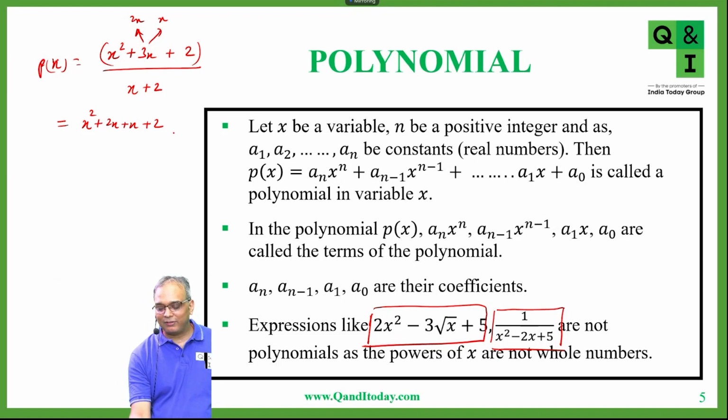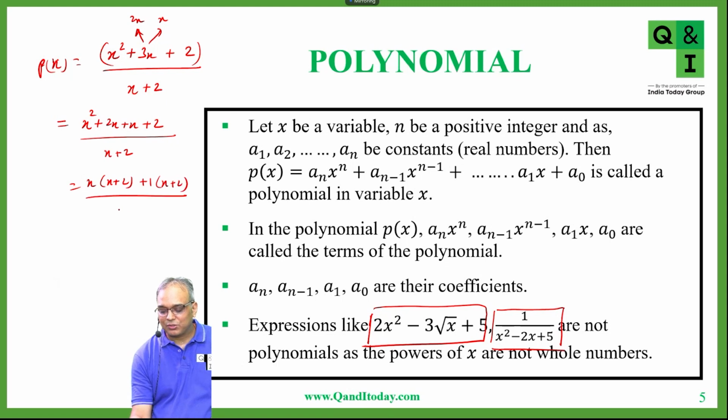So 2 into 1 will give you product 2. Divided by x plus 2. Taking x as common, we have x plus 2. Taking 1 as common, we have x plus 2. Now this is x plus 1 into x plus 2 over x plus 2.